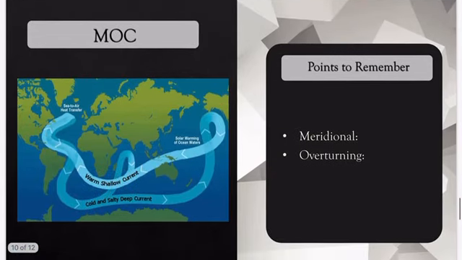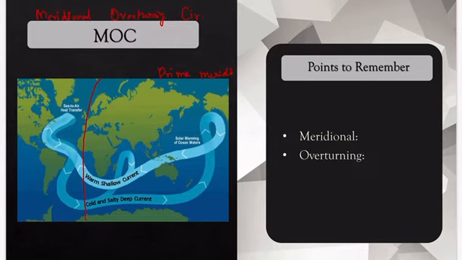So next we have a relevant topic which is called meridional overturning circulation, right? So we all know about the prime meridian, which is nothing but an imaginary line passing through Greenwich, which we use to calculate the standard times of other regions.